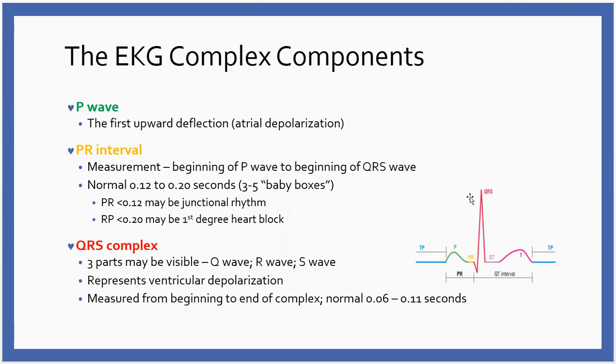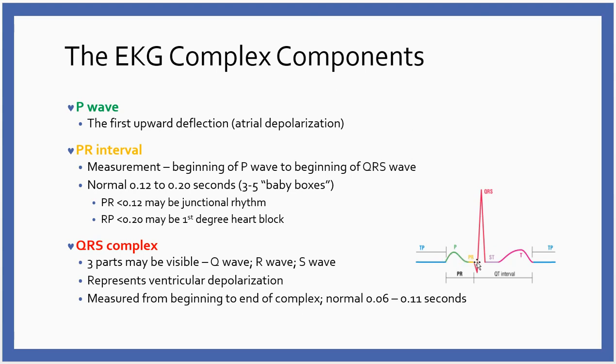So the P wave, back over here again, P wave is that first upward deflection, and it should look like this. It should be upward and kind of roundy. It shouldn't be biphasic. It shouldn't be upside down. But the P wave represents atrial depolarization. And first off, I want to point out something. Do you see how the line right here is flat and then we get our bump?